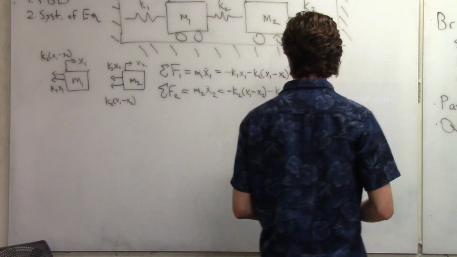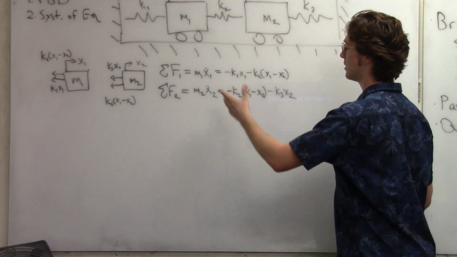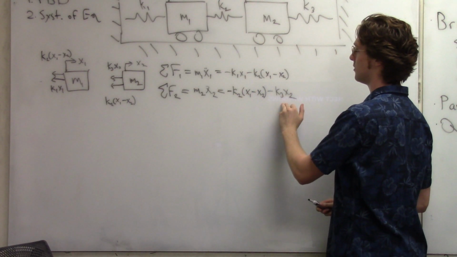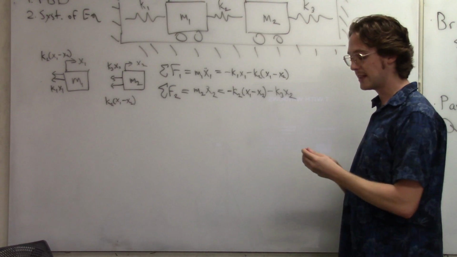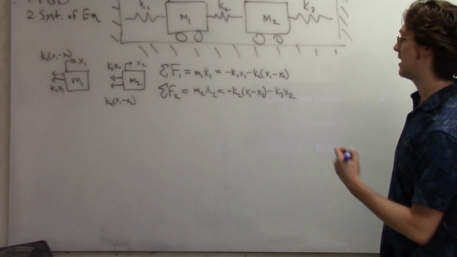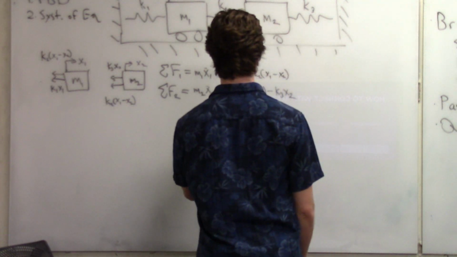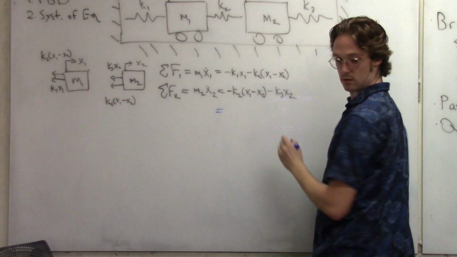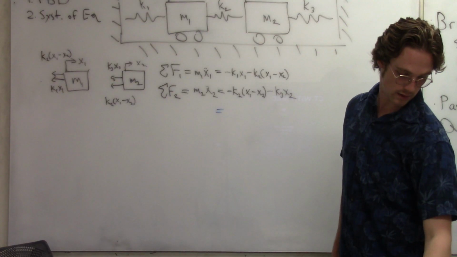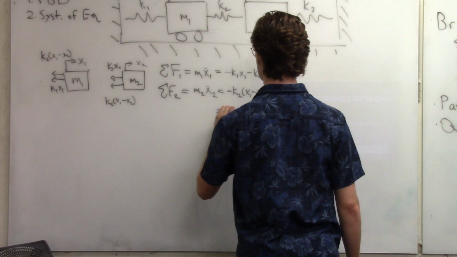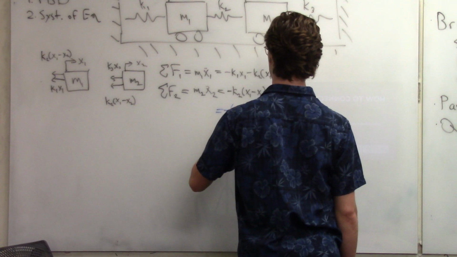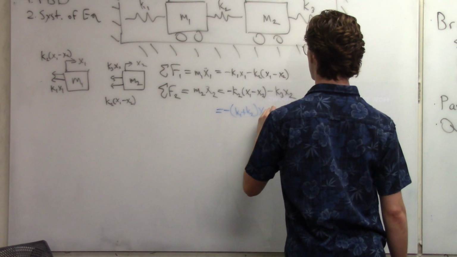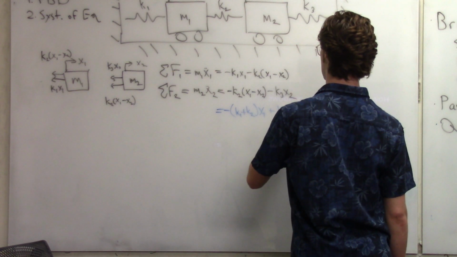All right. So right now we have things split up, or we have coefficients of k with combinations of x. And what I want to do is rewrite this in terms of x's. So I'm going to move this over here and say this is going to be minus parentheses k1 plus k2 x1, and then distribute this negative sign, plus k2 x2.